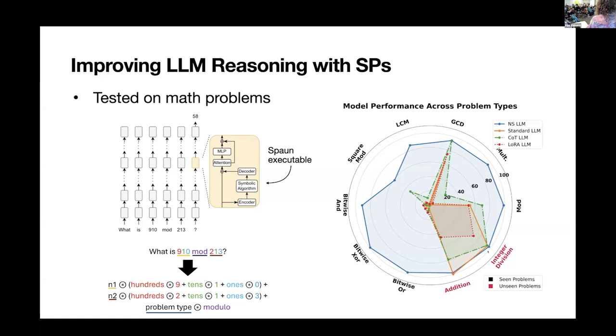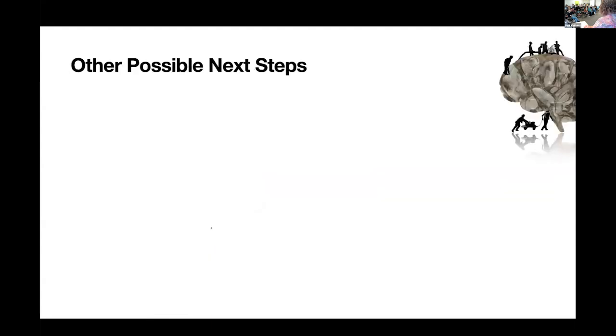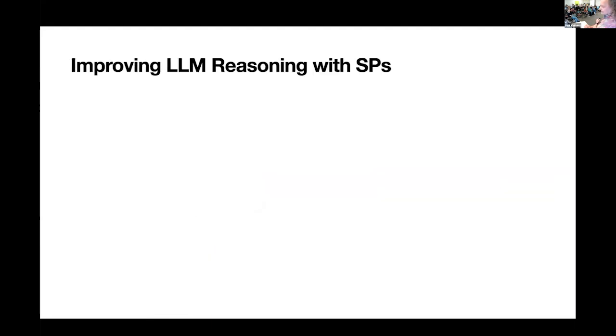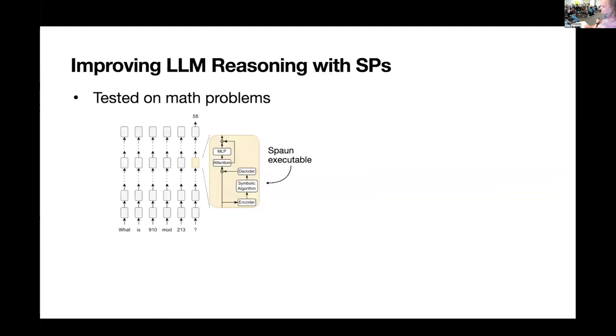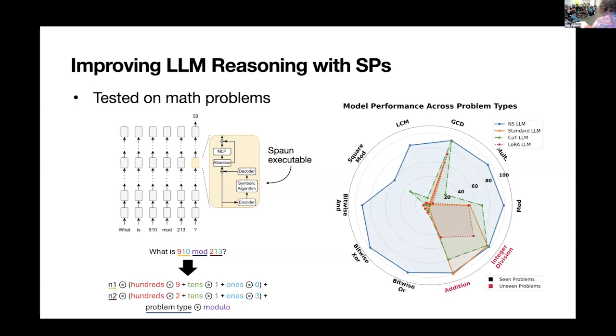But your Spawn executable is handcrafted to the task? So this is a proposal at this point, right? So right now in the paper we're using Python code, right? So you take the LLM representation. You map it into a VSA representation.